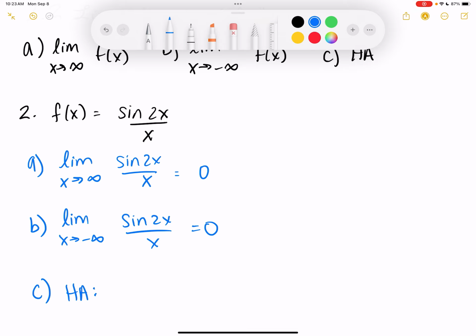Now, with that, we never really talked about what happens if there's a trig function on top. But that x value is inside, so essentially that would be classified as something like smaller. So this one would be bigger on the bottom, so my horizontal asymptote is at y equals 0.